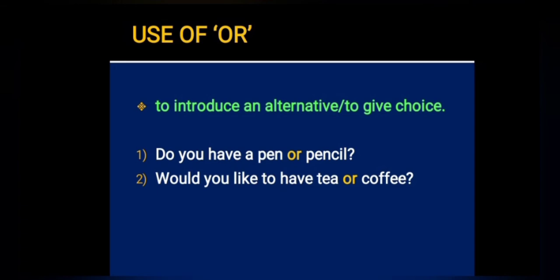It gives equal importance to the words or sentences that it connects. So, "or" is also an important and one of the most commonly used conjunctions in English grammar.